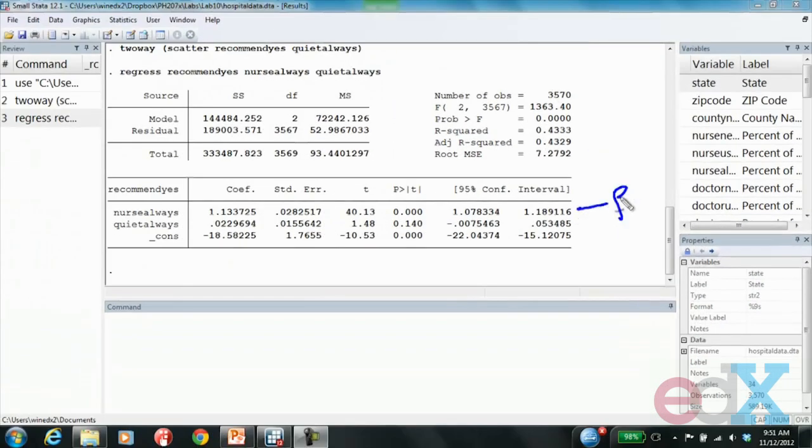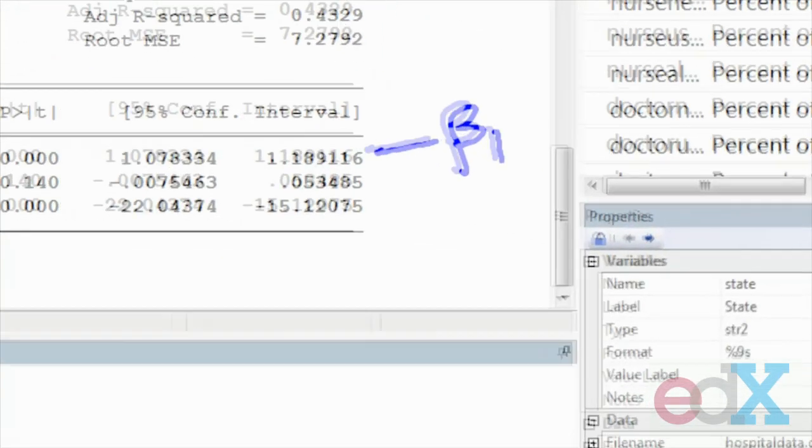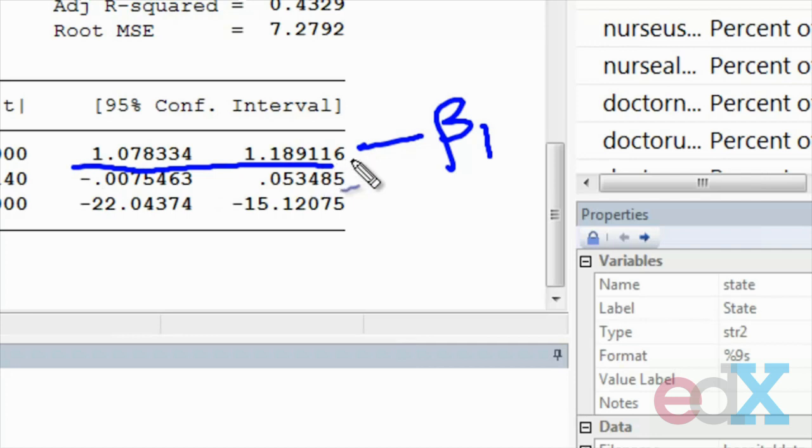First, we have beta 1. We estimate that beta 1 is equal to 1.13 with 95% confidence interval from 1.08 to 1.19. And we can interpret beta 1 hat as: for a 1% increase in the percent of patients who say that the nurses always communicate well, we see on average a 1.13% increase in the percent of patients who would always recommend the hospital when the percent of patients who say the hospital is always quiet is fixed.